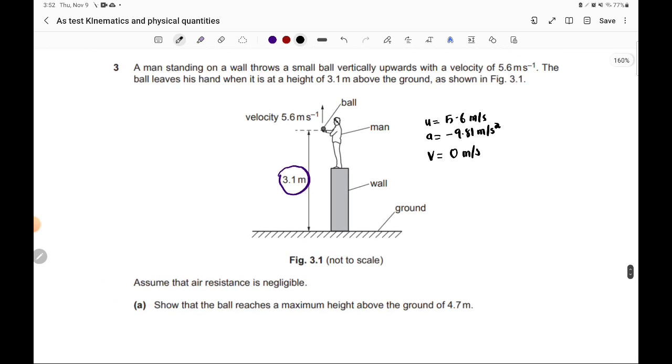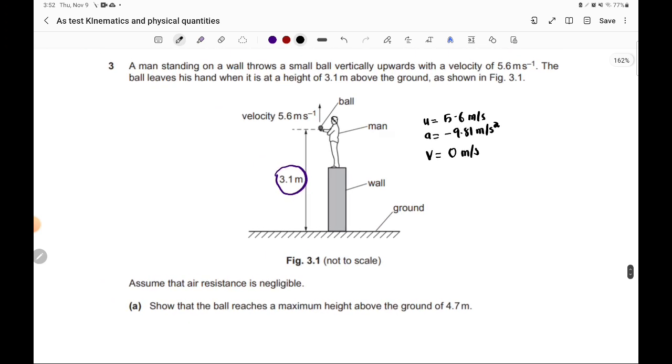This is enough information for us to find the height that is reached. So we are going to be using v squared is equal to u squared plus 2as. The final velocity is 0 squared and the initial velocity is 5.6 squared plus 2 times the acceleration, which is minus 9.81, and the height s is something that we need.